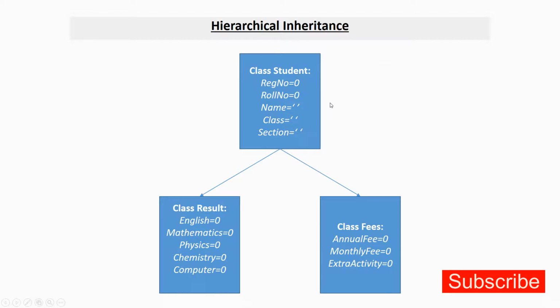Now there is a class that we implemented in my previous tutorial, the student class. A student has basic information like registration number, roll number, name, class and section, and then we have the member functions to accept the data and to display the data. From this class we will inherit one more class, the class result.